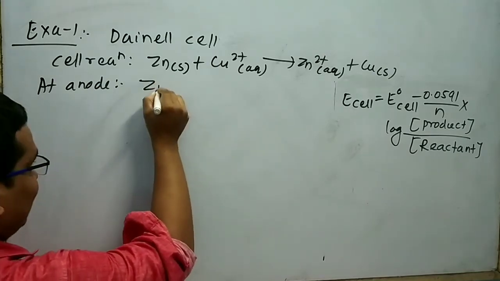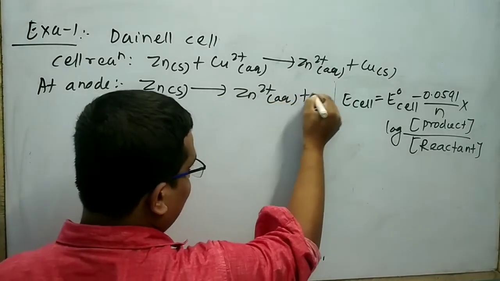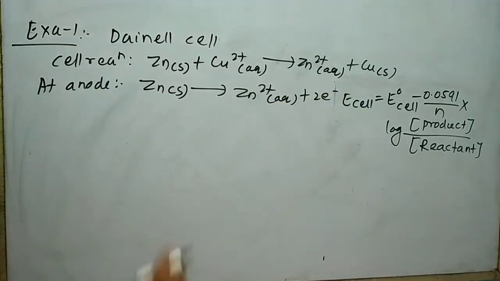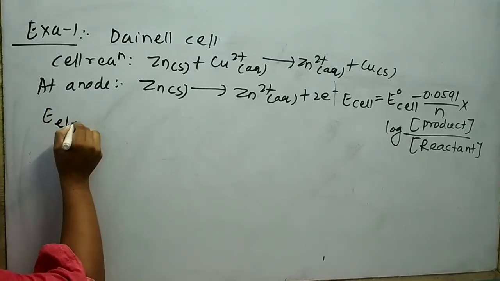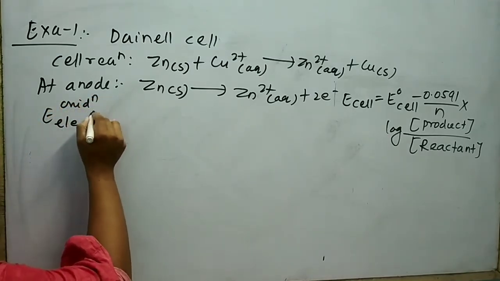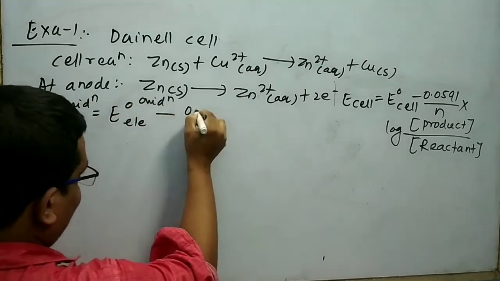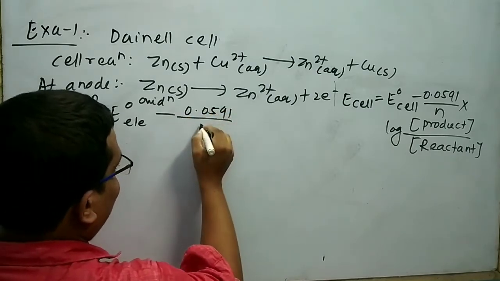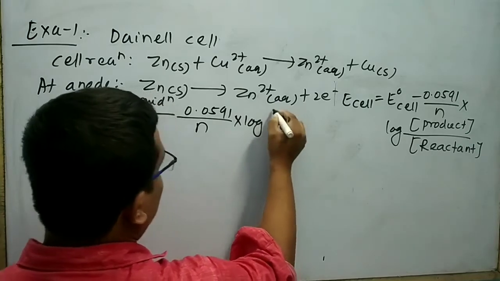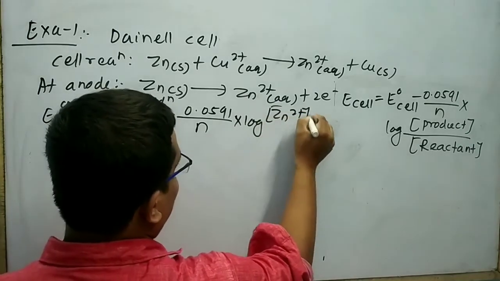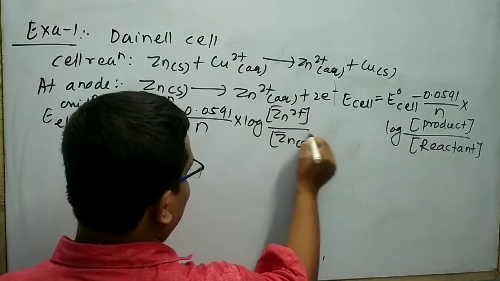So I can write Zn solid gives Zn2 plus aqueous plus 2 electron. For this reaction, I can write the Nernst equation like this: E electrode oxidation equal to E0 electrode oxidation minus 0.0591 divided by n into log of Zn2 plus concentration divided by Zn solid concentration.